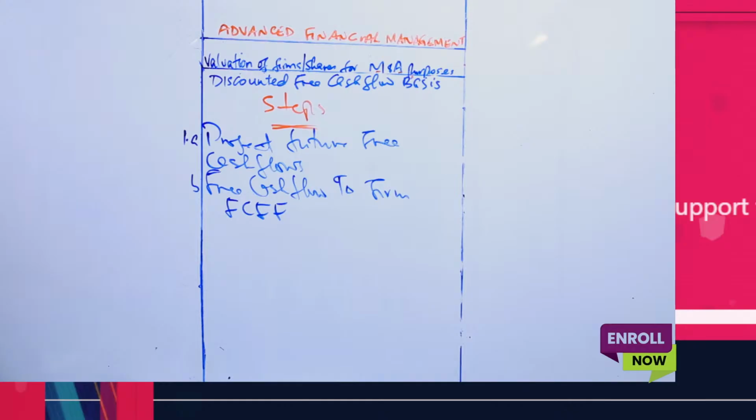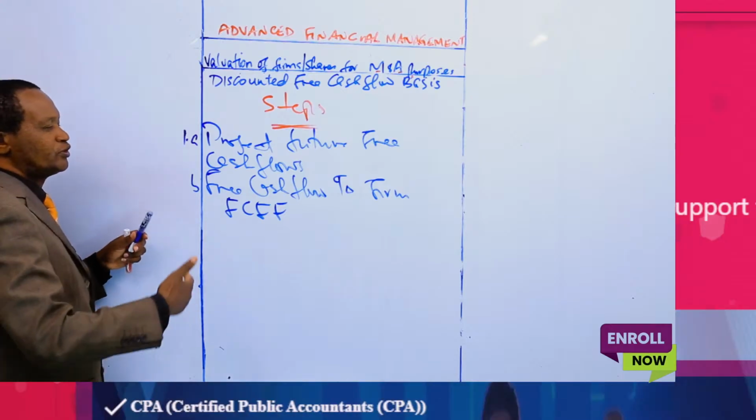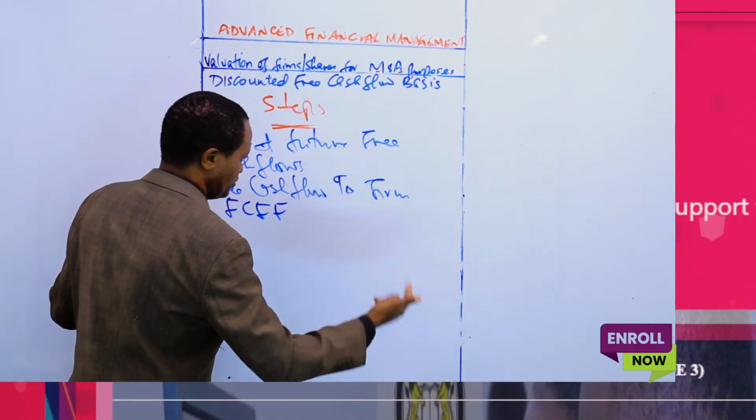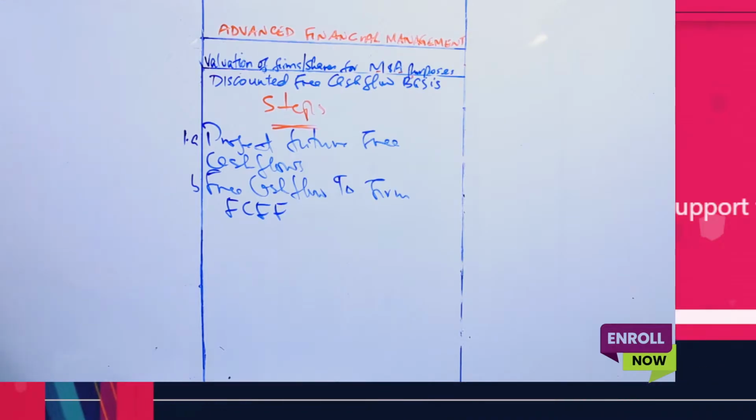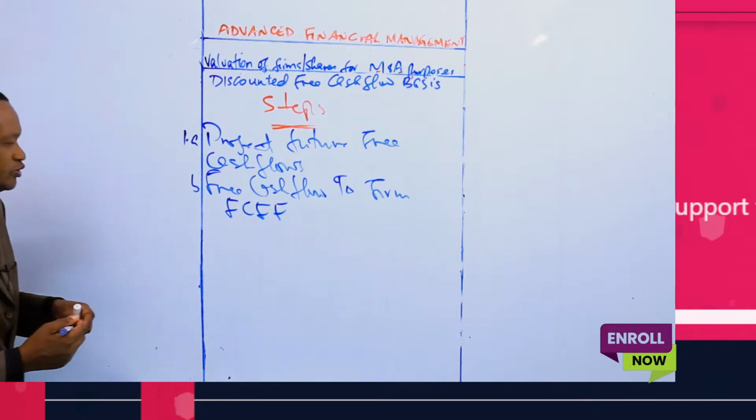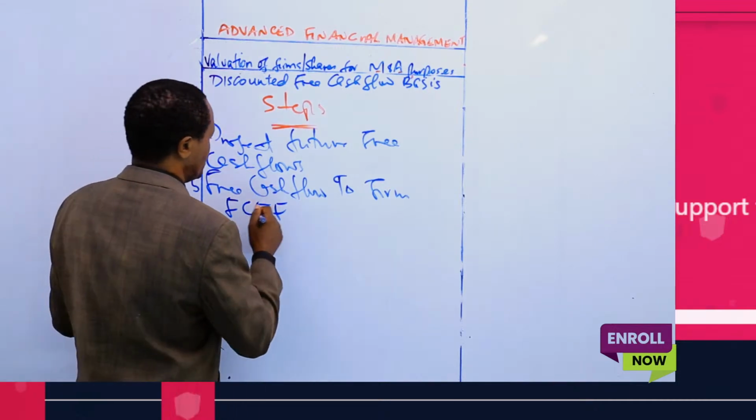This represents the cash flows available to all capital providers. The cash flow available to all the capital providers, that is the equity holders and the debt holders. And how do you calculate the free cash flow to firm?